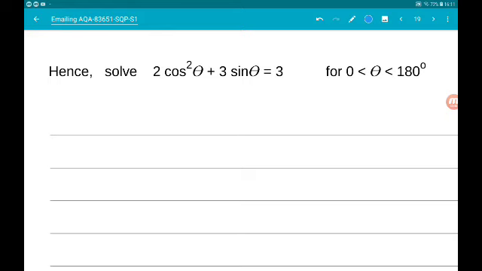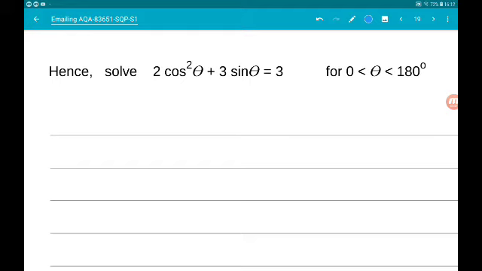Hence, solve 2 cos squared theta plus 3 sine theta is equal to 3. So, to solve a trig equation like this, you need it to be in terms of just one trig function. So, luckily, we've got the substitution from up above, that 2 cos squared theta is equal to 2 minus 2 sine squared theta.